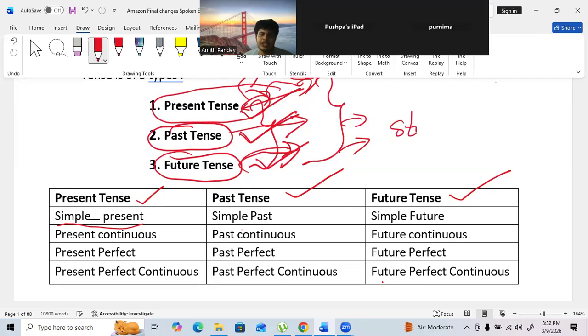Let's go to the Stone Age. In the Stone Age there used to be apes, like early humans, and their job was so simple: only to wake up, hunt, eat, and sleep. They didn't have to learn any English or Python or Java or any programming. Their life was so simple.